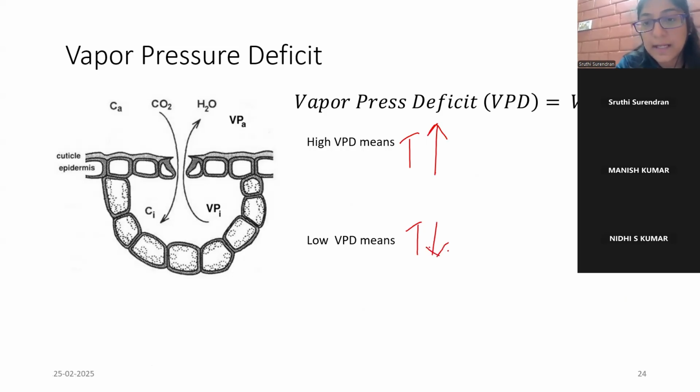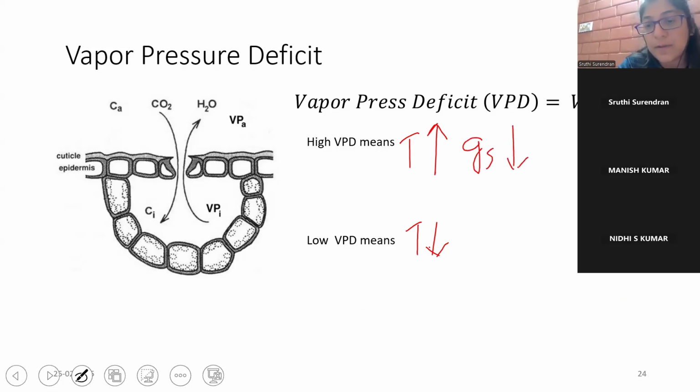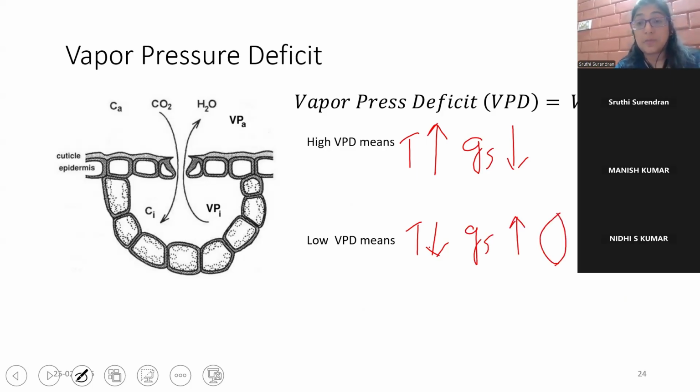At high VPD, Gs will be low, and at low VPD, Gs will be high. That is, the stomata will be more open when the transpiration is low, and when the transpiration is very high, the stomata will be closed.